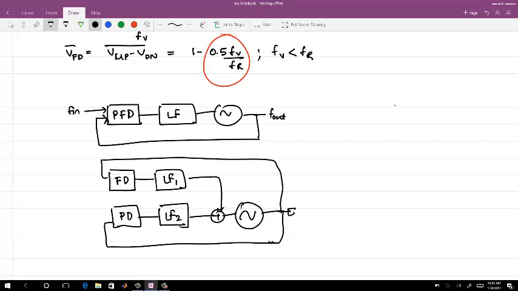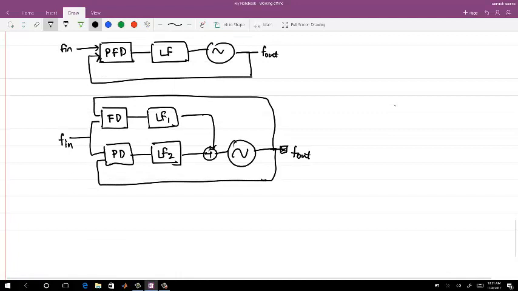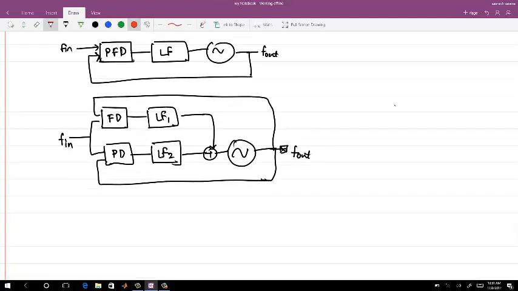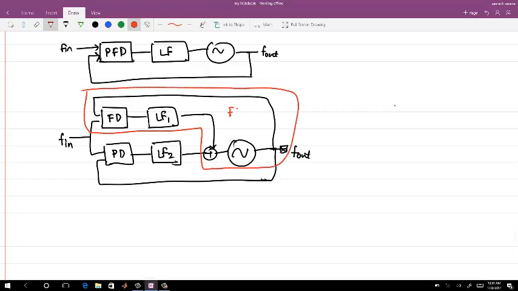This is the VCO output, and the same reference goes to both of them. This part of the loop is called FLL, frequency lock loop, and the other part of the loop is called phase lock loop.